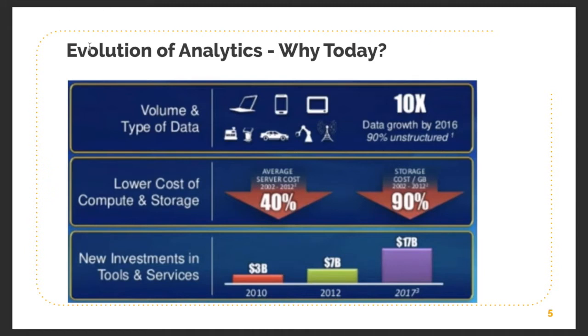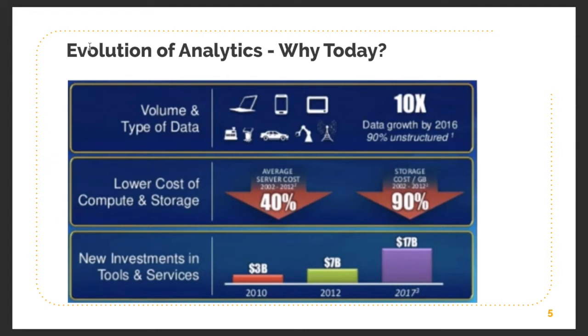In the early 70s or 80s, decision trees and neural networks had started, and probably many statisticians had been using these already. However, why is it only now that data analytics became a mainstream technology? That is because of three things. First, the volume and the type of data.